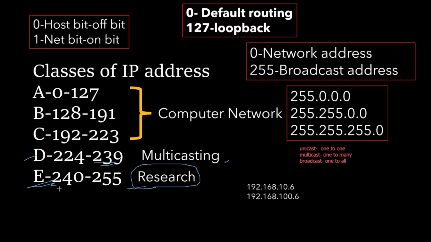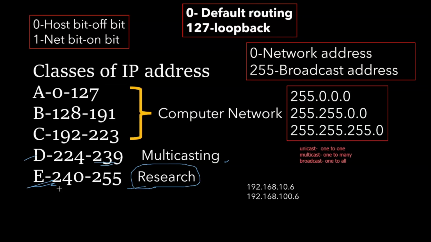If they develop 6G, they need to use some IP addresses on the devices, such as mobile phones, mobile towers, and some other devices. So which IPs will they use? From this range, 240 to 255. Otherwise, if they touch any other range like A, B, C, or D, what will happen? Other devices on the internet will go down. So that's why they use 240 to 255 for research purposes.